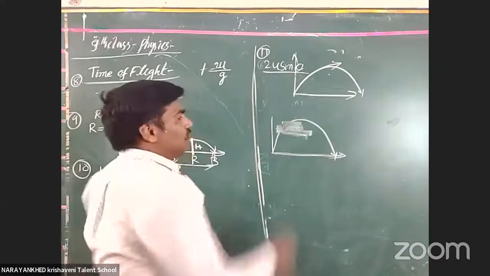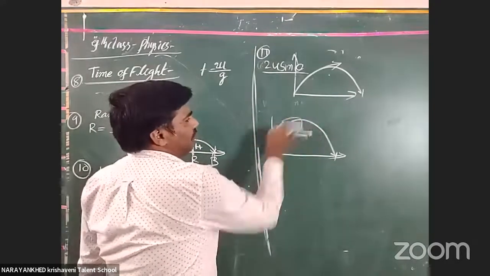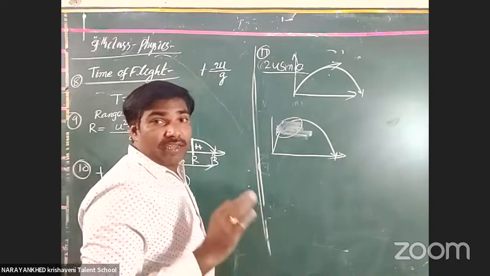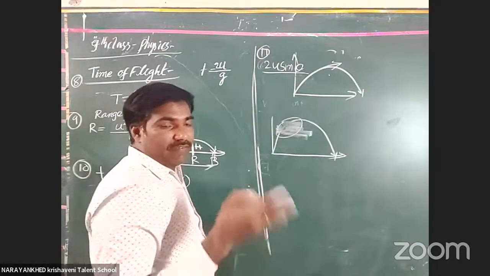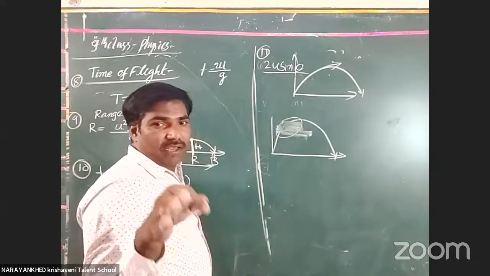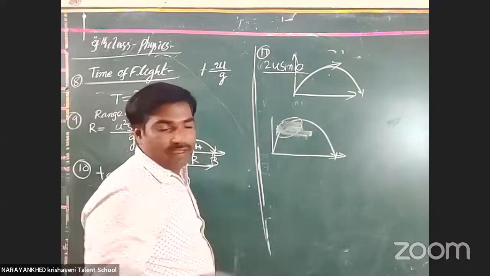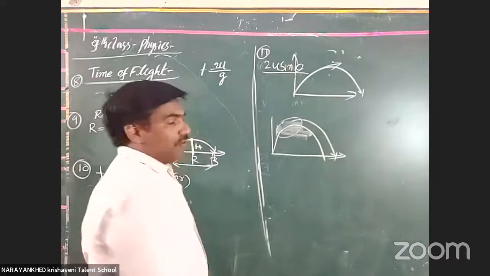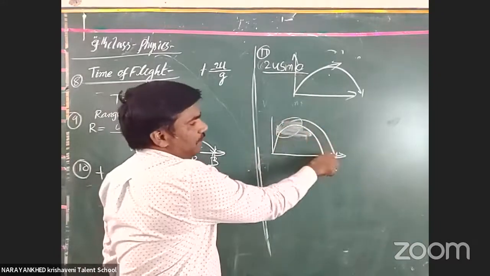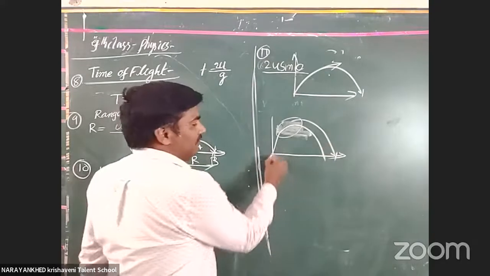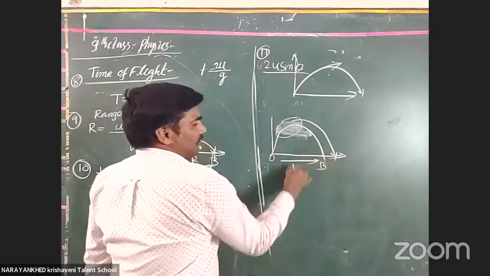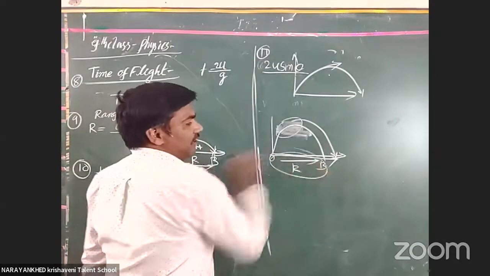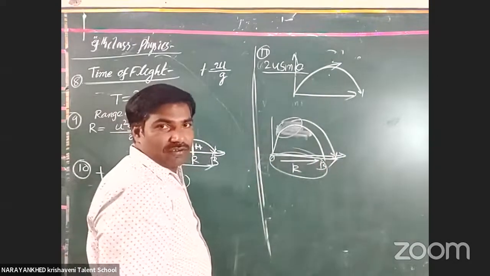Automatically the resistance will reduce the motion. The height reached without resistance would be like this, but with resistance the parabola does not reach there. This is called the range. The range before resistance is here. The range is decreased or not? It is decreased. Got it?